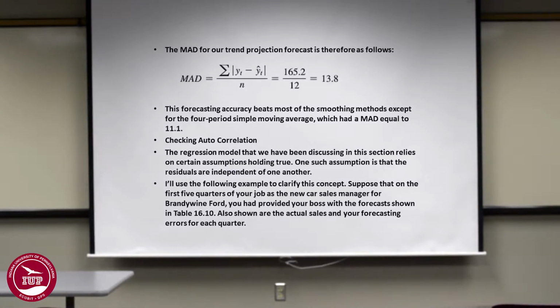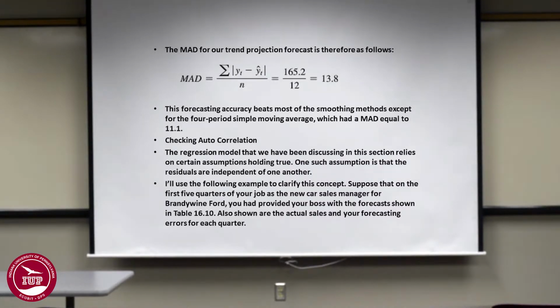Checking autocorrelation. The regression model that we have been discussing in this section relies on certain assumptions holding true. One such assumption is that the residuals are independent of one another. We will use the following example to clarify this concept.